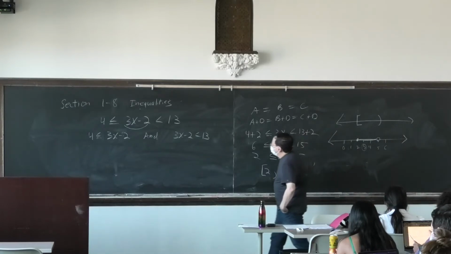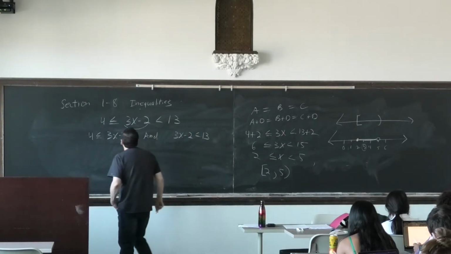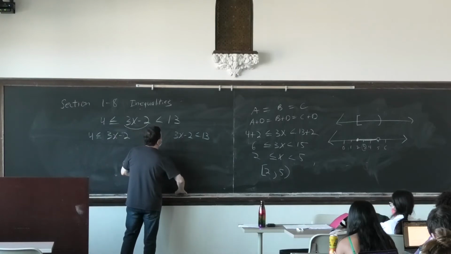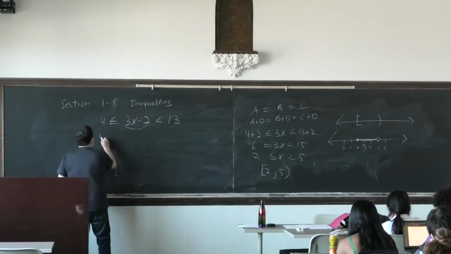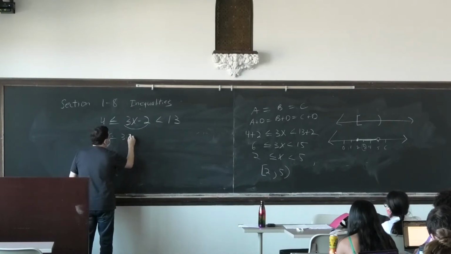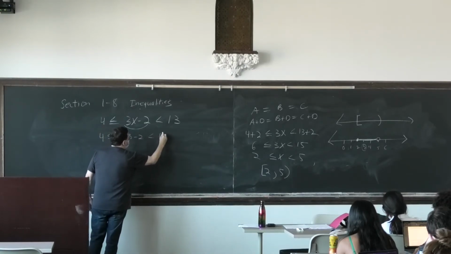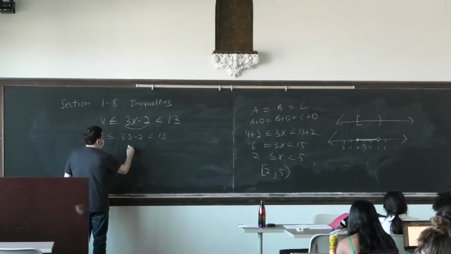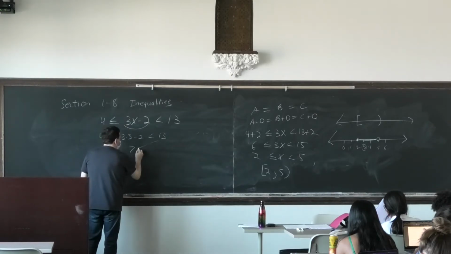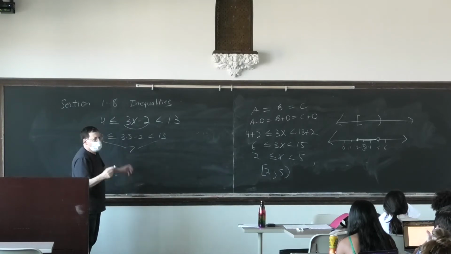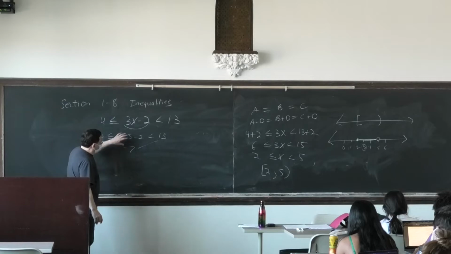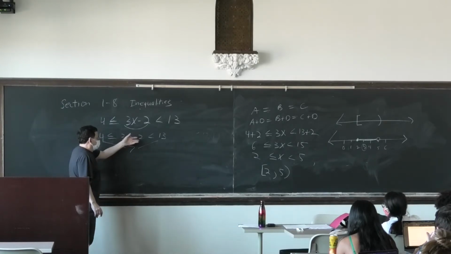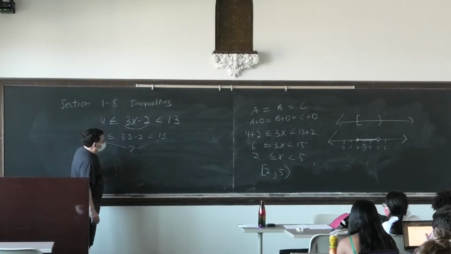Let's go back to the original inequality and see if that works. 4 less than or equal to 3 times 3 minus 2 less than 13. 9 minus 2 is 7, which is certainly between 4 and 13. So that's just a simple check. It's not 100%, since you could have made some small error and some values might be off, but certainly 7 works.